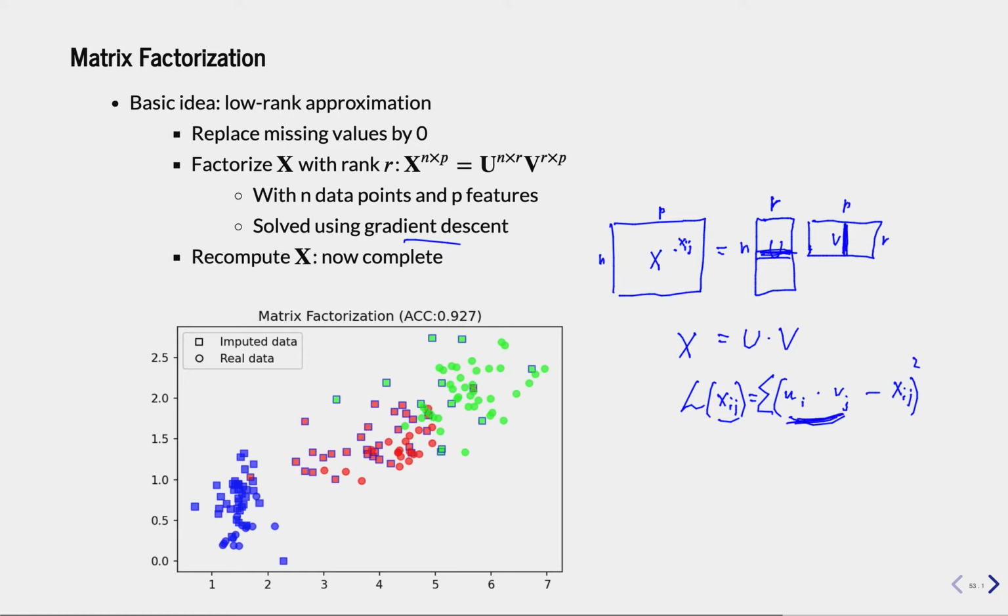And then you use gradient descent to minimize this loss function. And that gives you then the matrices U and V. Now the good thing is, after you've computed U and V, all you have to do is multiply them. You get a new matrix X, and in this matrix X, all the values will be filled in, and you have no more missing values.